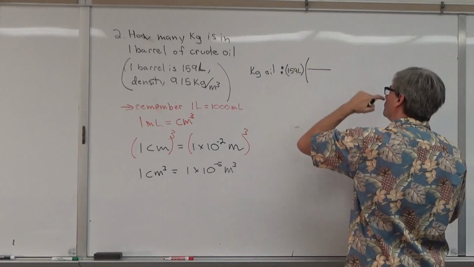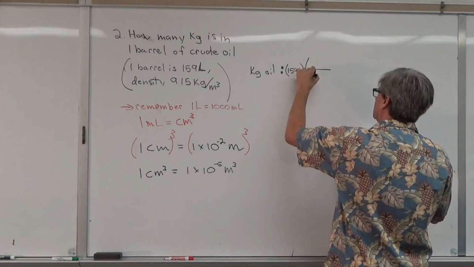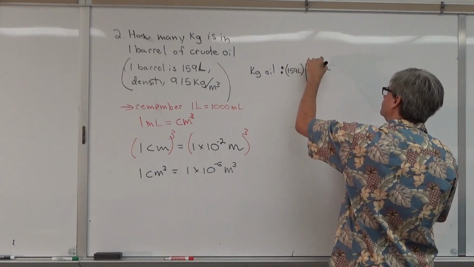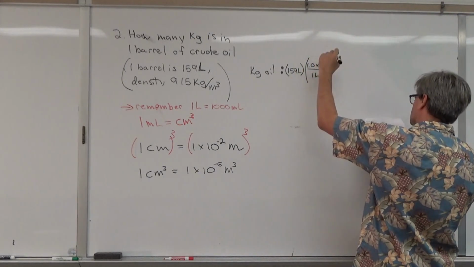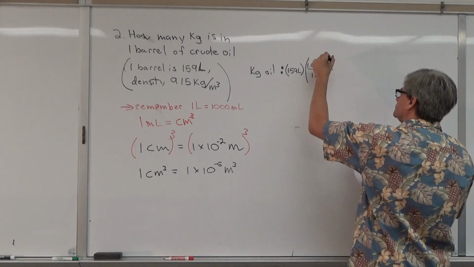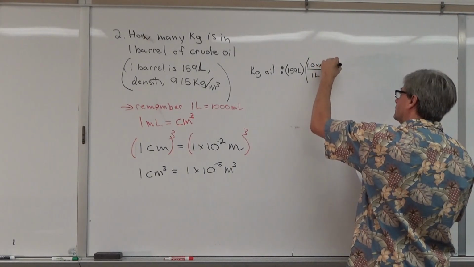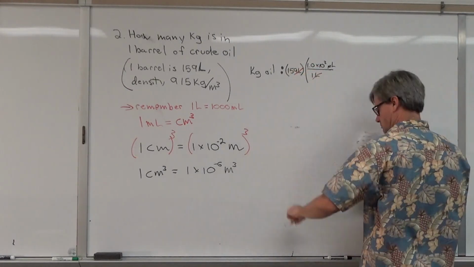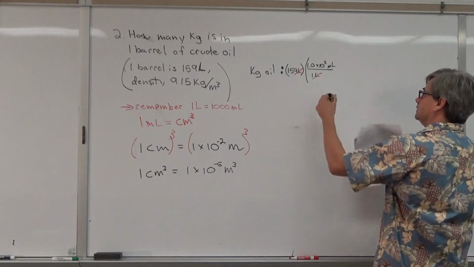And we know that 1 liter is 1.0 times 10 to the third milliliters, involving scientific notation here for you. Those cancel out. I know I am now at milliliters.